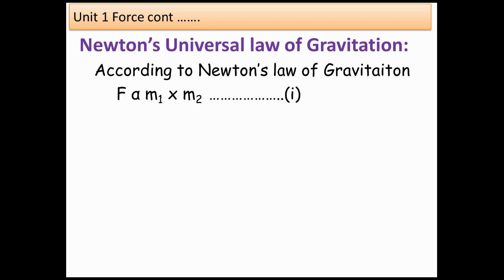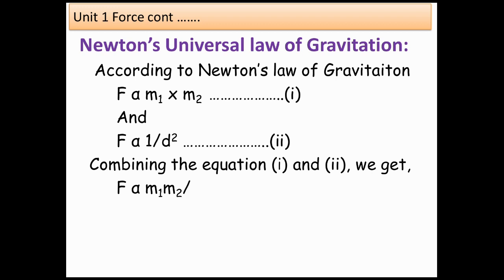That is, F is directly proportional to m1 into m2, and F is inversely proportional to 1 by d square. It means the force of gravitation is inversely proportional to the square of the distance between these two masses, measured from their centers.